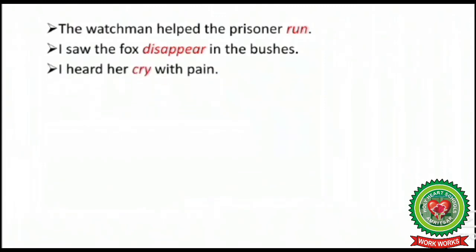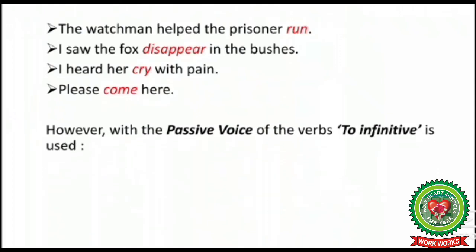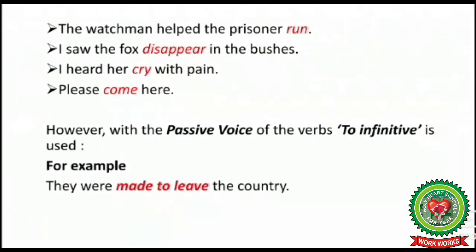I heard her cry with pain. Please come here. In these sentences, the verbs cry and come are bare infinitives. However, with the passive voice of the verbs, the to-infinitive is used. For example, they were made to leave the country.